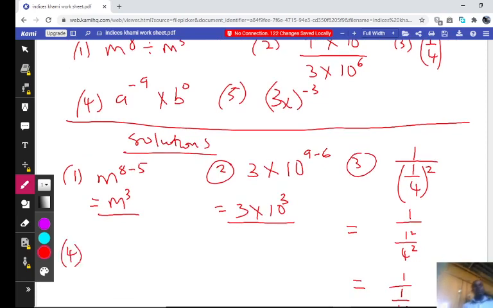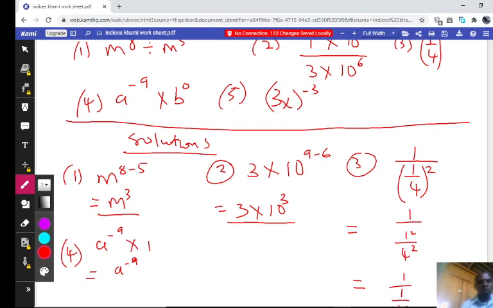Right, for question number 4, a to the power minus 9 times b to the power 0. Remember, on b to the power 0, we said it's law number 3. That's what you have to apply. Any number raised to the power 0, the result is always 1. So you apply that law on b to the power 0. So it will be the same as a to the power minus 9 times 1, which is a to the power minus 9.